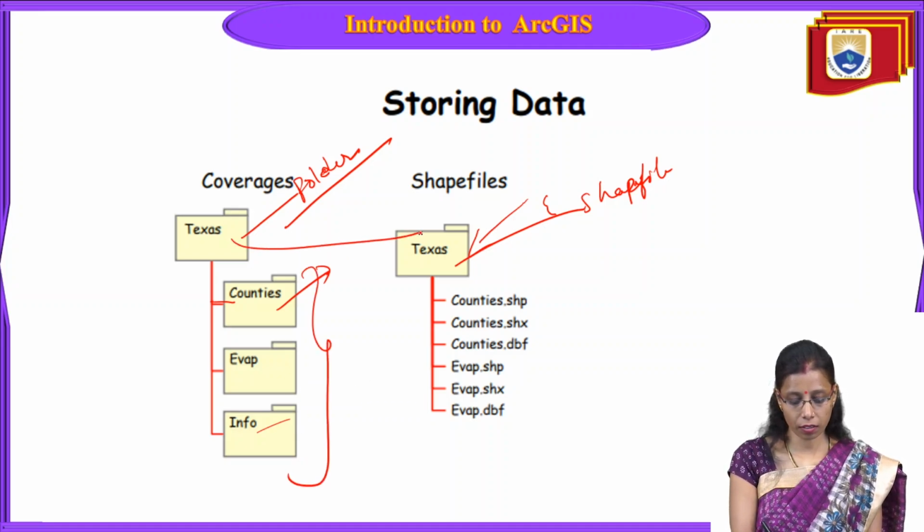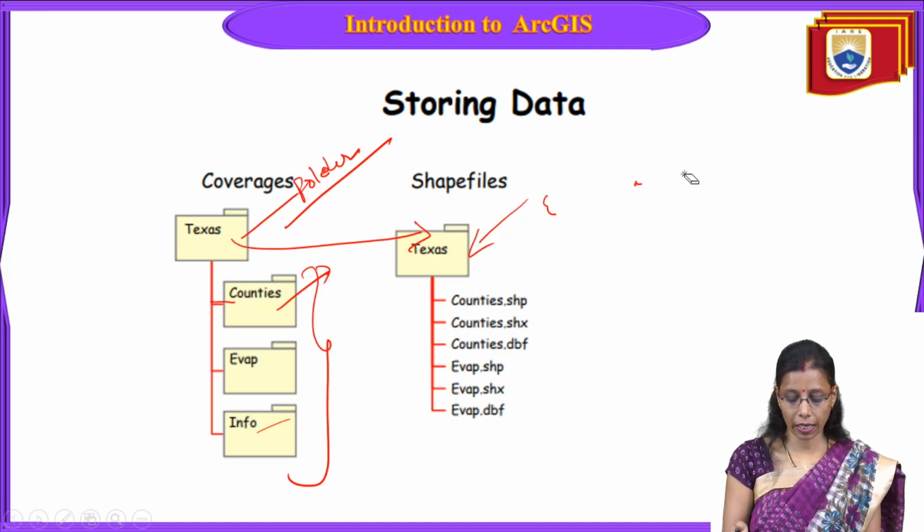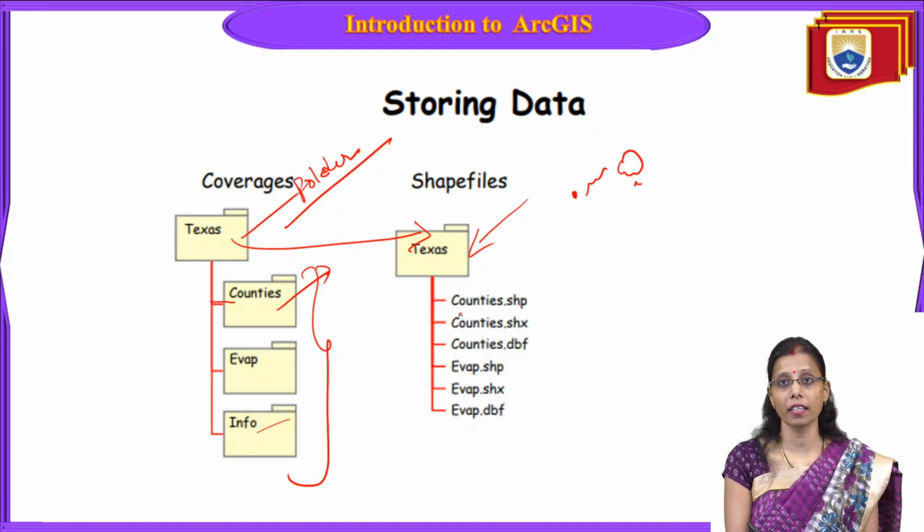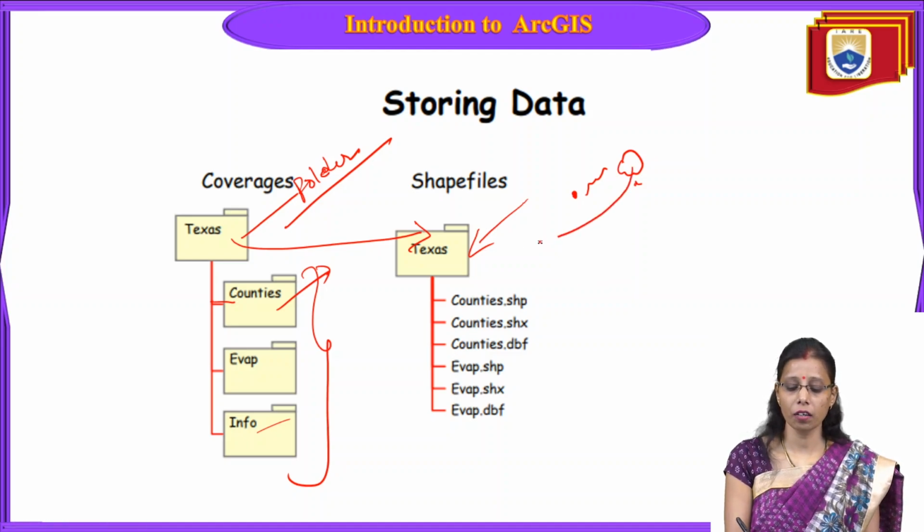In this Texas, if you want to create a shapefile, it will be created either in the form of point, line or polygon. For example, for this Texas, I'll be taking a polygon. Why? Because it is showing a boundary. If it is a country boundary or a village boundary or a small city boundary, I'll be taking the shapefile as polygon.